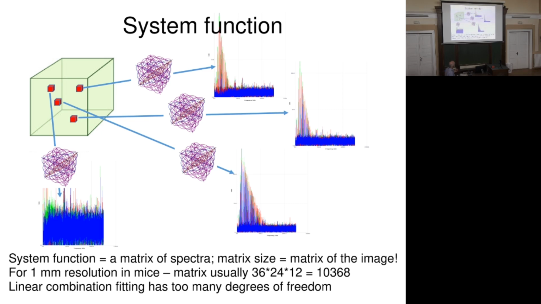Even a matrix which doesn't represent a big matrix in terms of resolution has 10,000 spectra in the system matrix, and we are fitting this to our data, and there are too many degrees of freedom. And if you calculate also with some noise, then you might be in big trouble just mathematically.